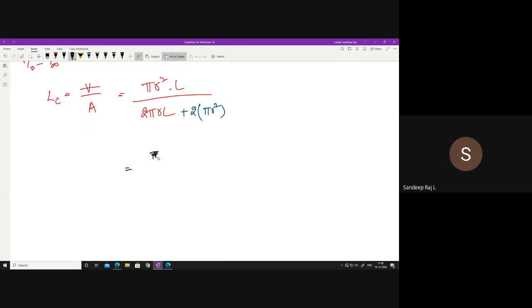Pi can be cancelled, and R is also cancelled. So what you have is R into L by 2L plus 2R, that is R into L by 2 into (L plus R). That is a formula which you can remember.